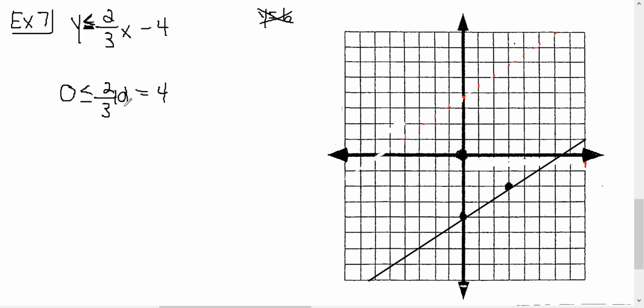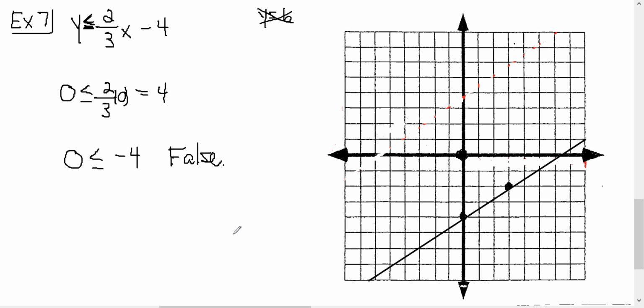We know this is multiplied together. That's 0 times 2/3. So I'm going to end up with 0 is less than or equal to -4. Is 0 less than or equal to -4? No, it is not. This is false.